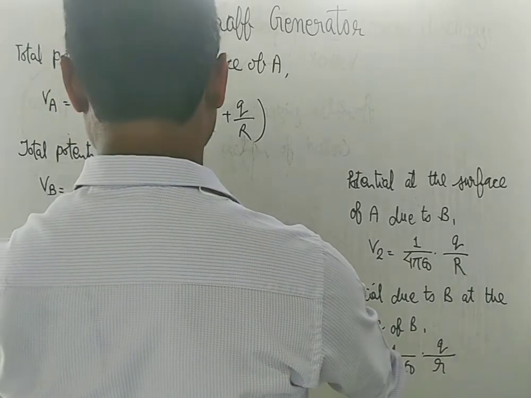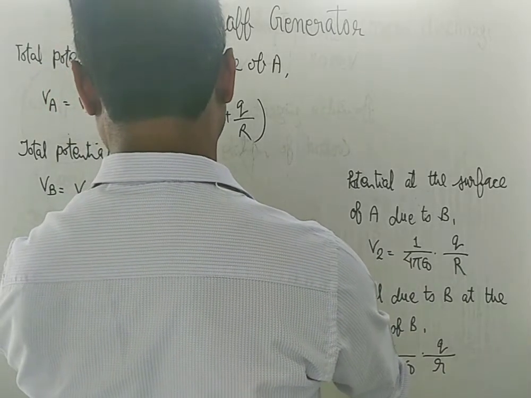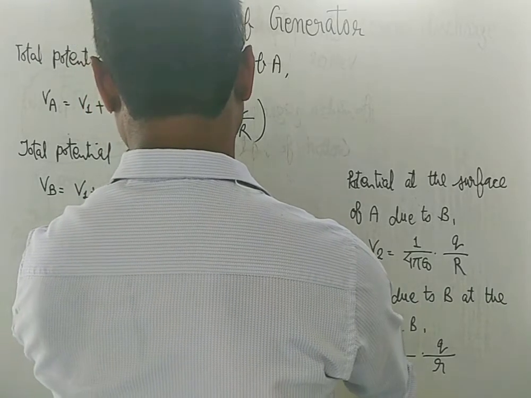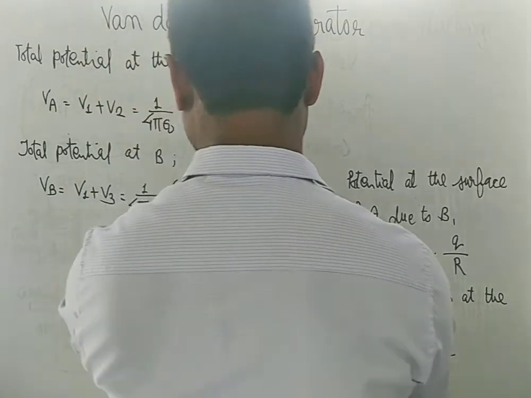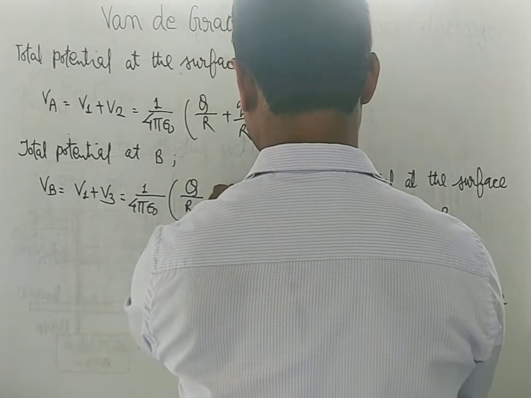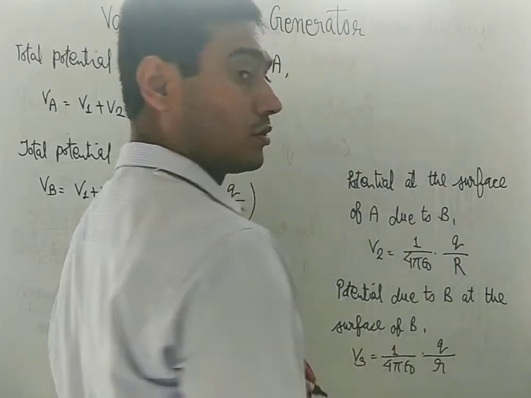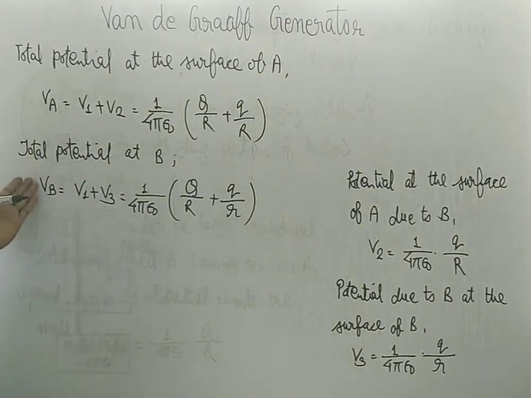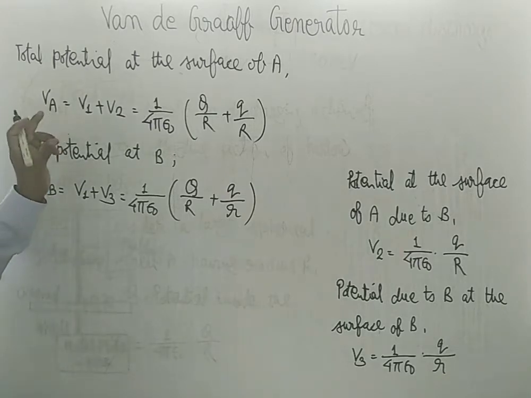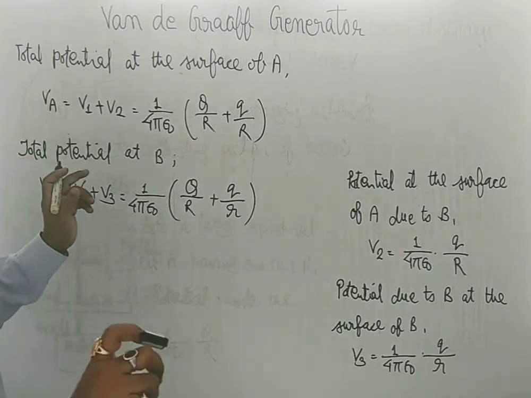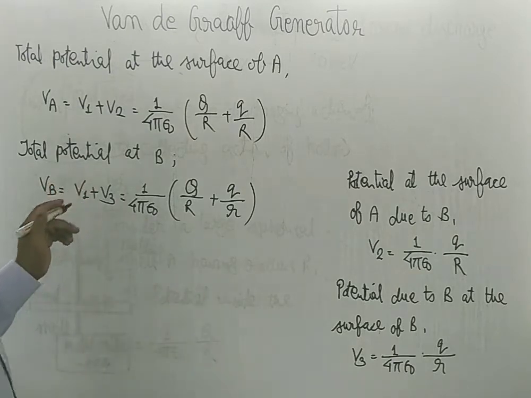And now for V3 we have 1 upon 4 pi epsilon naught, Q by R plus Q by small r. Now we have both potentials, on the conducting shell and the metal sphere placed at the center of the shell. So we can now talk of the potential difference between the sphere at the center and the shell.